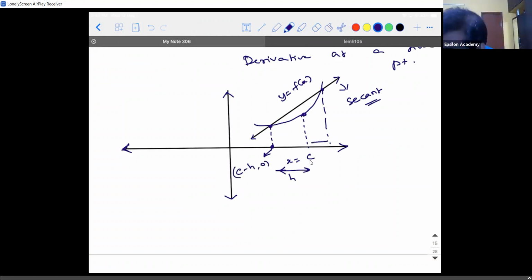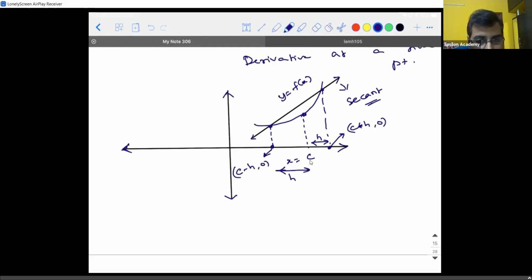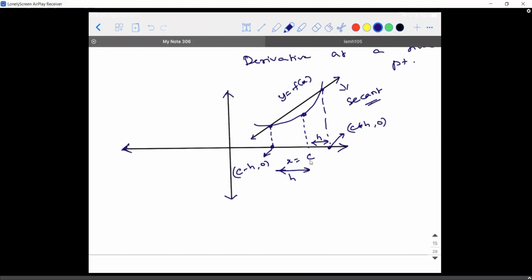And on the right hand side at a distance h, this point is c plus h comma 0. Are you able to understand this?